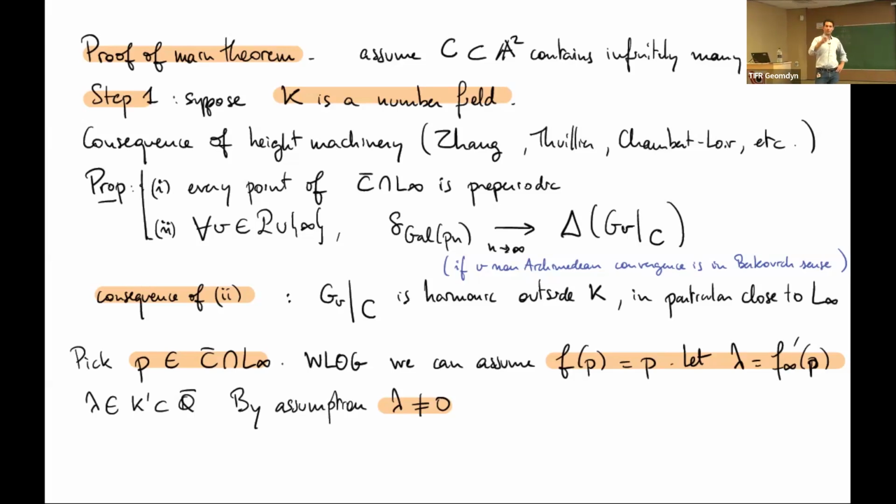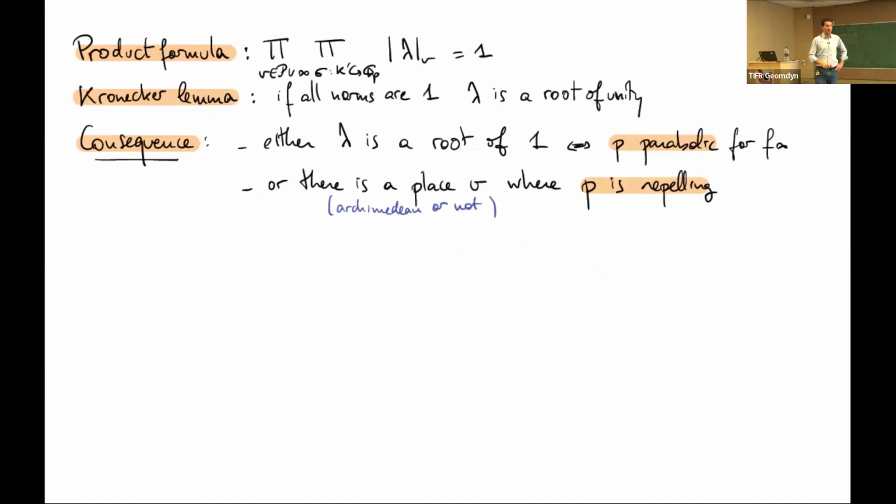So let me repeat: you have this curve, you fix a point at infinity, you replace f by some iterate so that it is fixed, and it has a multiplier. Our assumption is that the multiplier is not 0. That's exactly the assumption we made. It's not a super attracting point. Okay, so now just a bit of algebraic number theory.